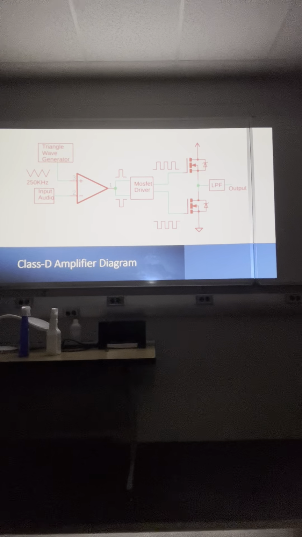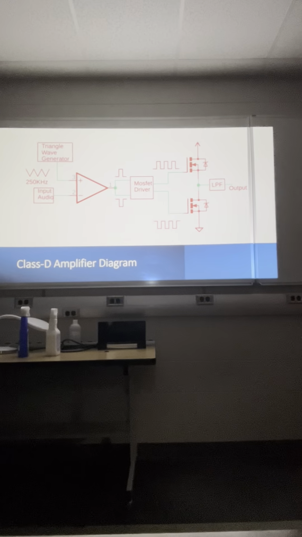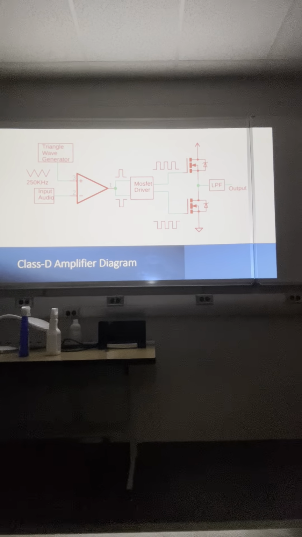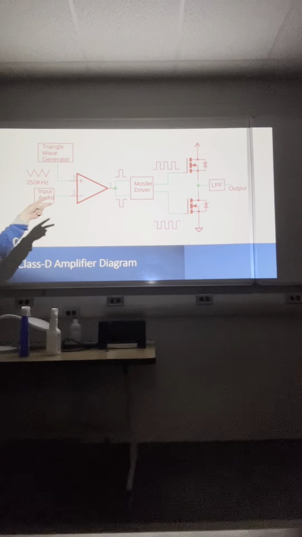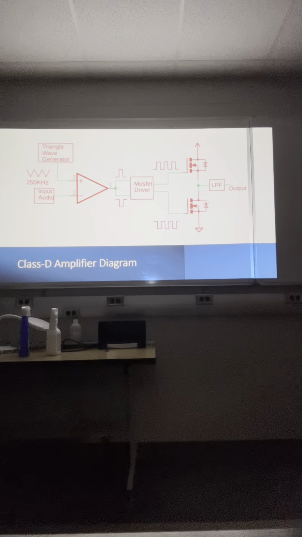That PWM signal is going to have a high side, and then it's going to get split off into a low side as well. Those two are going to go into 2 NMOS MOSFETs that will then go into the amplification stage. After the amplification stage, they will be recombined going through a low-pass filter, and a replica of the original audio signal will be output to a speaker or headphones.